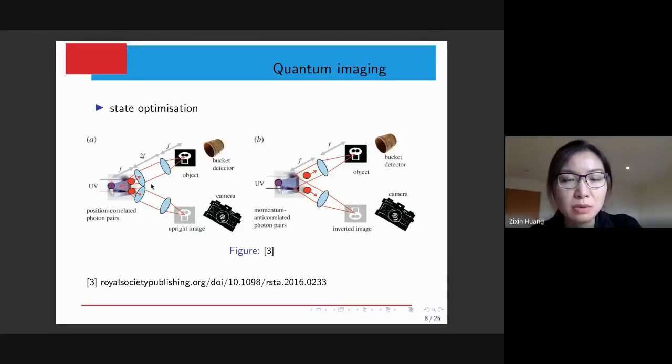This is made possible because when the photon pair is created and goes through this object, we know that exactly another photon has gone onto the other path. And because these are position correlated, for a photon that has traveled down this path, we know exactly where it will arrive on the other path as well. Hence, we can perform imaging with it. Okay.